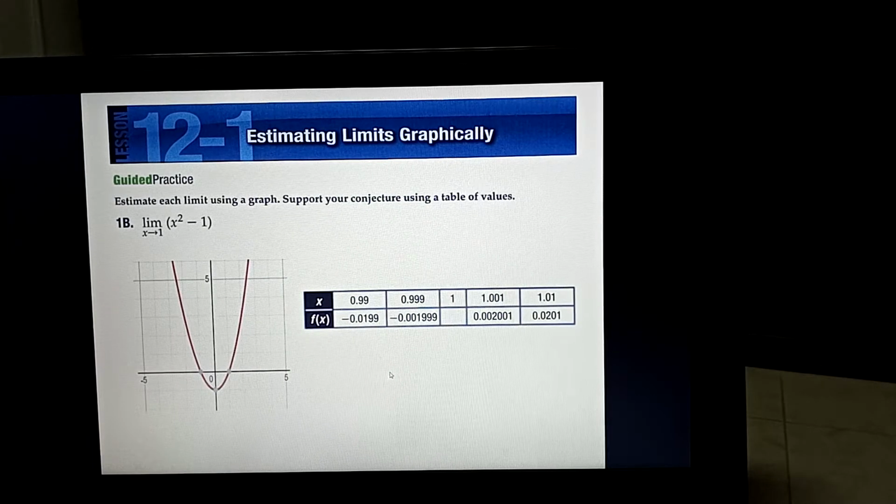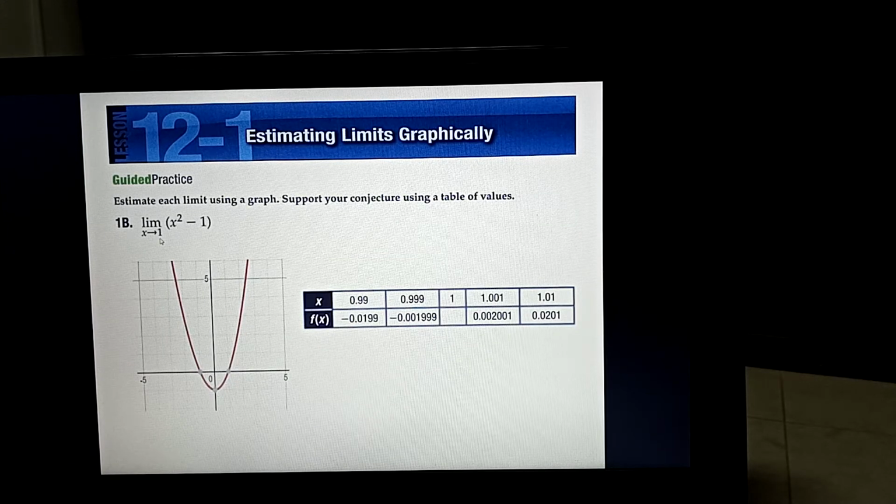Next question. What is the limit of x squared minus 1 when x approaches 1? The graph of this function is a parabola. It passes through negative 1. You know that. Now, when x approaches 1, if I walk with the graph from the left till I reach the point 1, what is my height? Look at the graph.